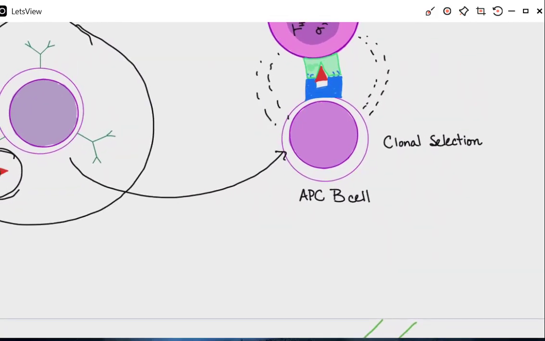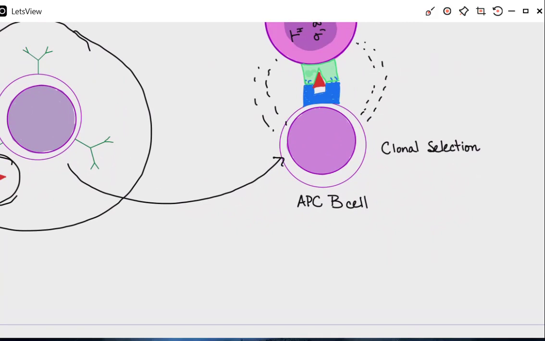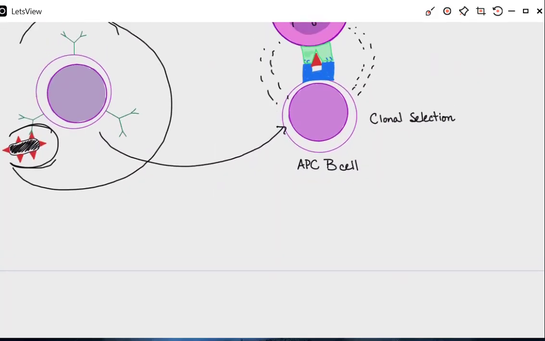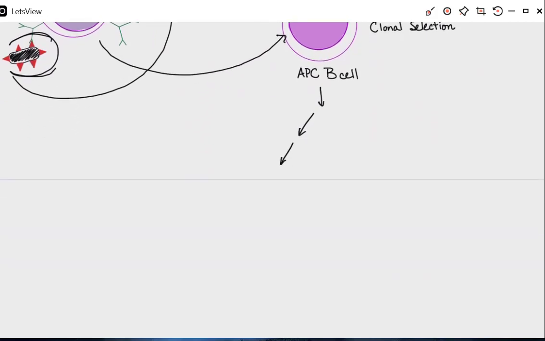So what does clonal selection actually look like? Because when I drew it before, I still had the antibodies displayed. And it turns out that when this makes a bunch of daughter cells, most of the daughter cells are going to morph into what are called plasma cells. So this is a new piece of information here.